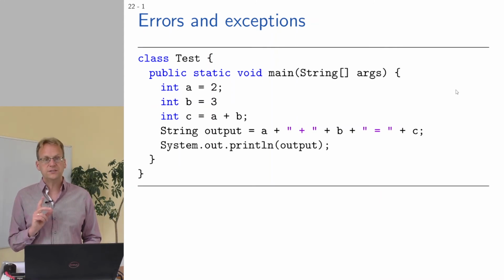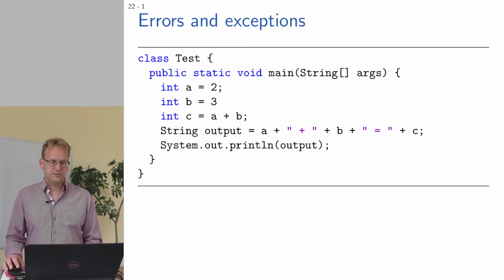Usually an important part of software development is debugging, finding errors and getting rid of them. And in Java there is a difference between errors and exceptions, and that I would like to explain now with this slide.